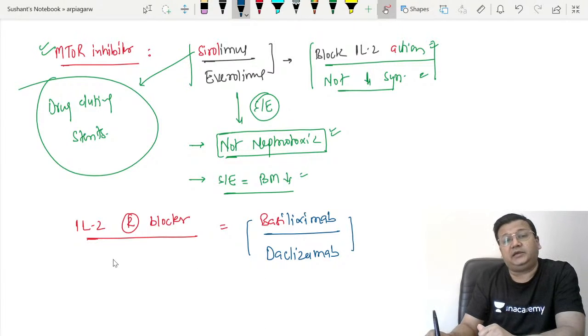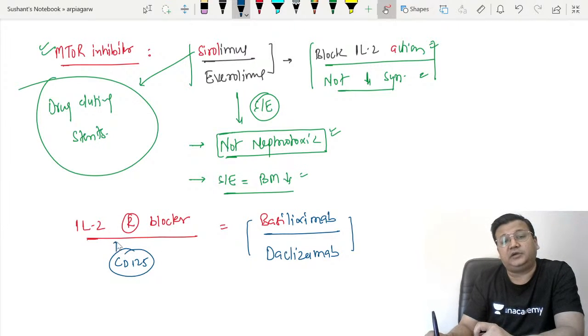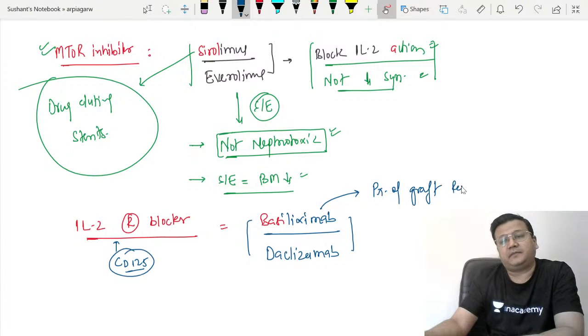These drugs bind to CD125, part of interleukin 2 receptor. They are directed against this antigen and they block the interleukin 2 receptor. Out of this, basiliximab is used as immunosuppressant in prevention of graft rejection, that we will discuss.